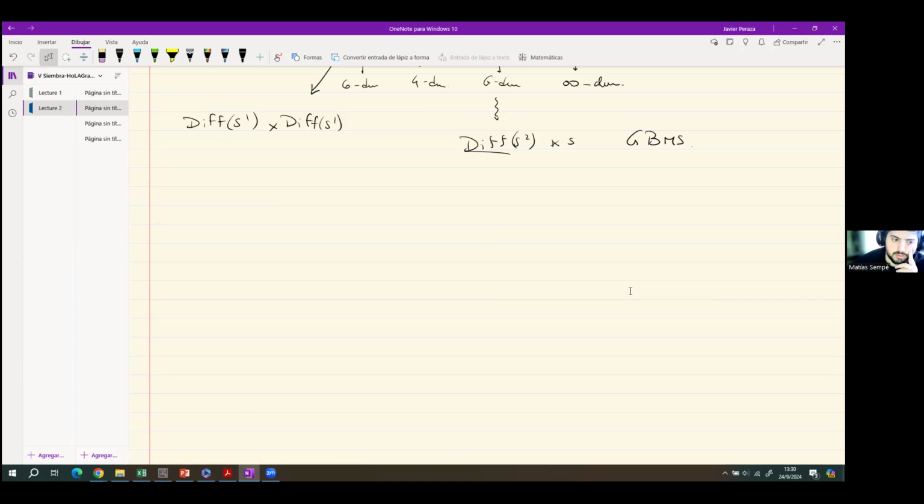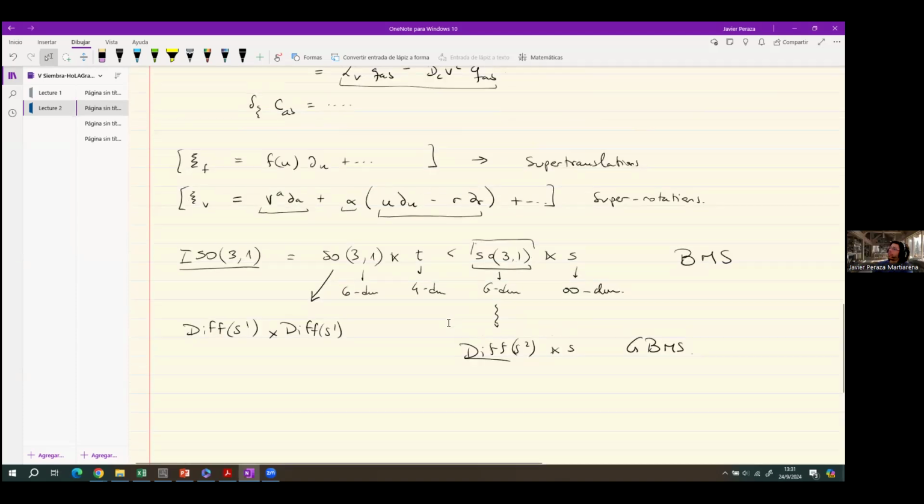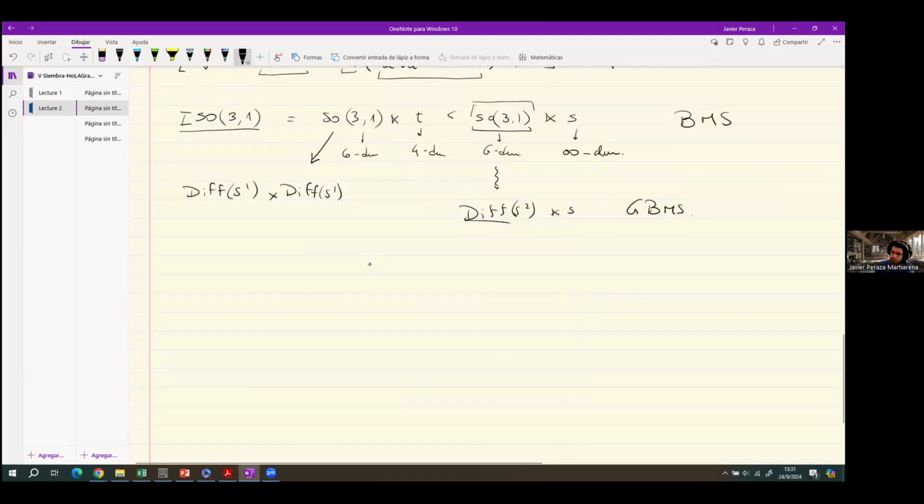Okay, thank you. Sorry, Javier, I don't know if you already said this before, but can you say a little word of why these charges are diverging at spatial infinity? Yes. When we compute the charges, we have to integrate along some Cauchy surface. On this Cauchy surface, we have the T component of the symplectic potential.